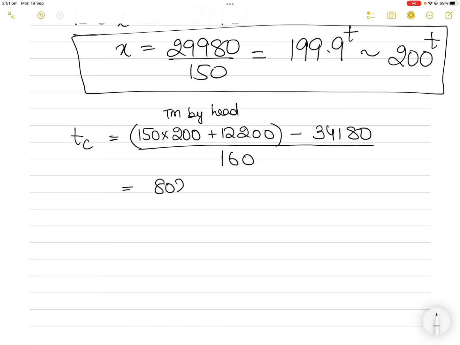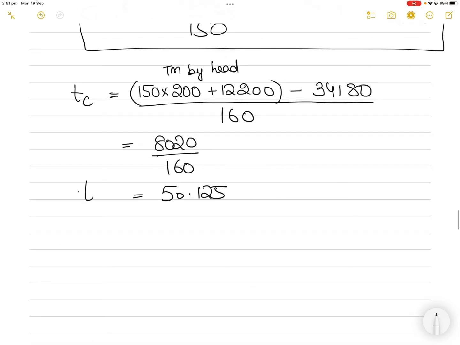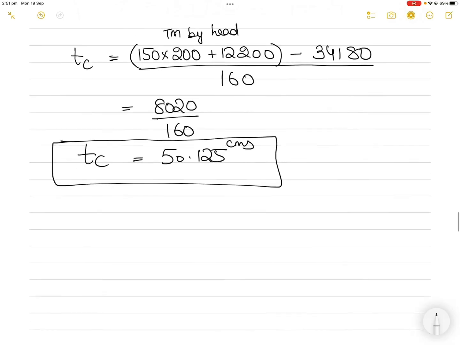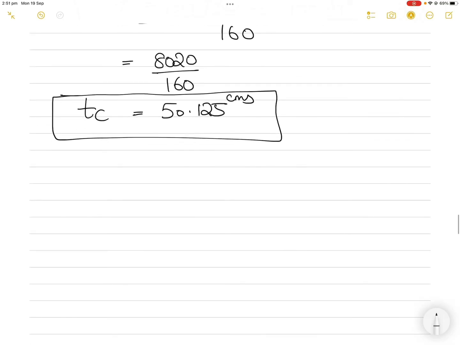So this is nothing but 8,020 divided by 160, which is equal to 50.125. This 50.125 is actually in centimeters, because MCTC works only for the moment to change trim by 1 centimeter. So we can convert this into meters, or you can leave it for now and use this to find the change in trim aft and change in trim forward.